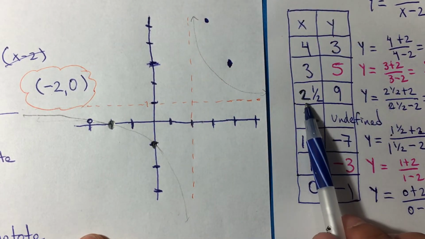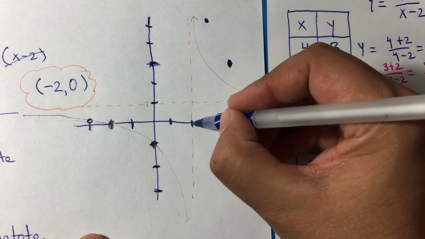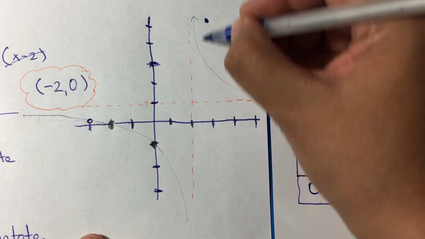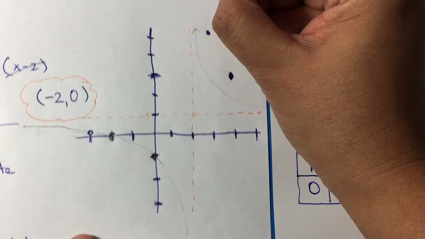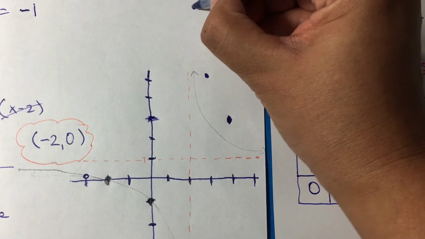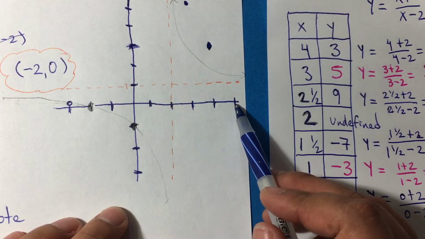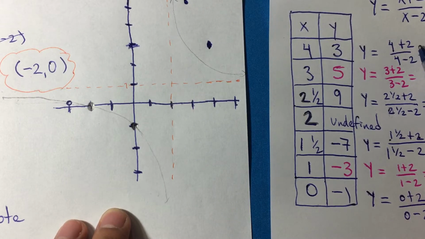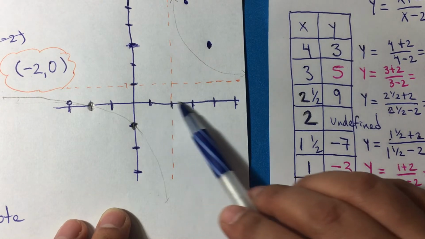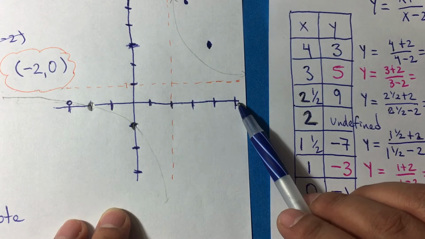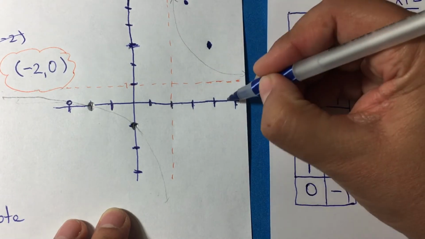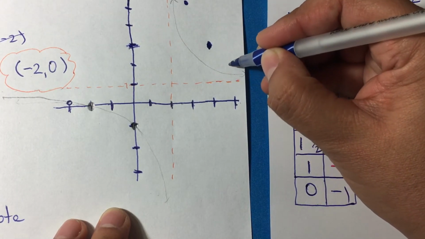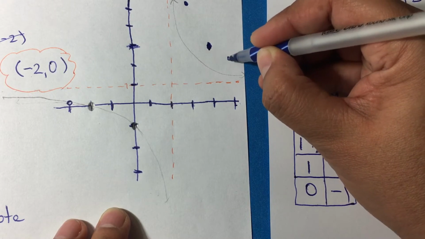And 2.5, 9. 2 and 1/2, and then you put 9 way up there, somewhere around here. Okay, the 5, because if you put, let's see, 5 plus 2 is 7. 5 minus 2 is 3. 7 divided by 3. So for 5, it will be 2 and 1/3. So 1, 2 and 1/3, somewhere in there.